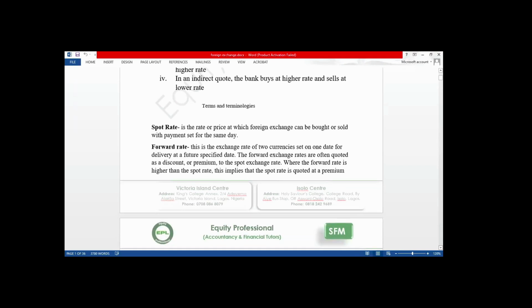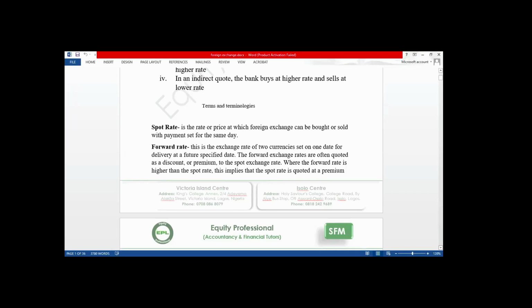Next discussion. Terms and terminologies associated with foreign currency. One is the spot rate. The spot rate is the exchange rate for immediate foreign transactions.